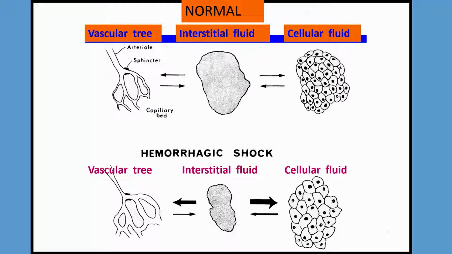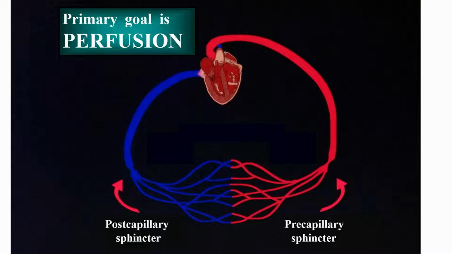So one of the things that's happening is that the interstitial fluid shifts spaces. And so it's going both into the cells and into the vascular tree. So when we talk hypovolemic shock, it means the intravascular volume is decreased. And so your body essentially shifts fluid from the interstitial space into the vascular tree to try to compensate.